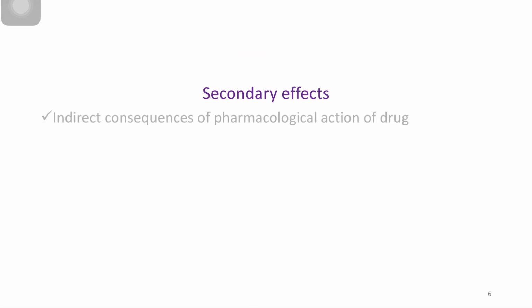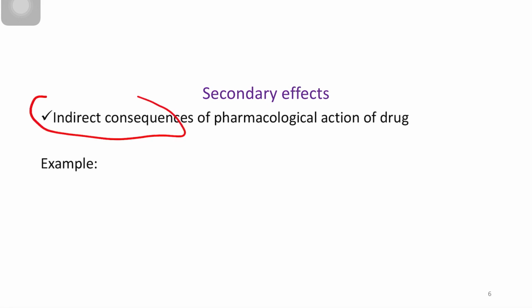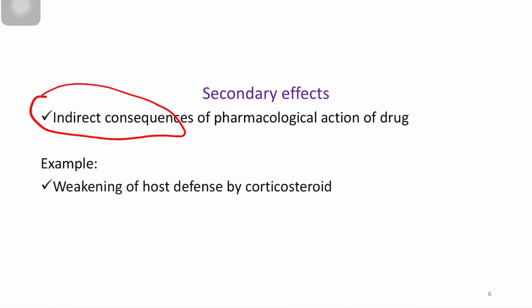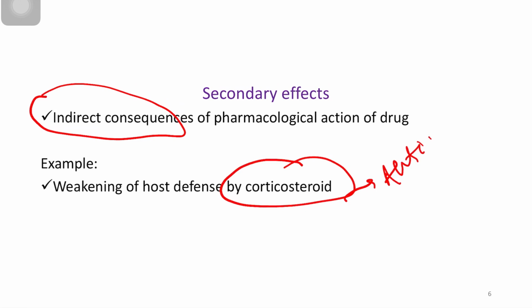Second is secondary effects. Now, secondary effects, as the name suggests, are an indirect consequence of the pharmacological action of a drug. For example, the main thing is weakening of host defense by corticosteroids. We know that steroids have high anti-inflammatory property. So in any kind of inflammation in the body, we use corticosteroids, and they help reduce that inflammation.